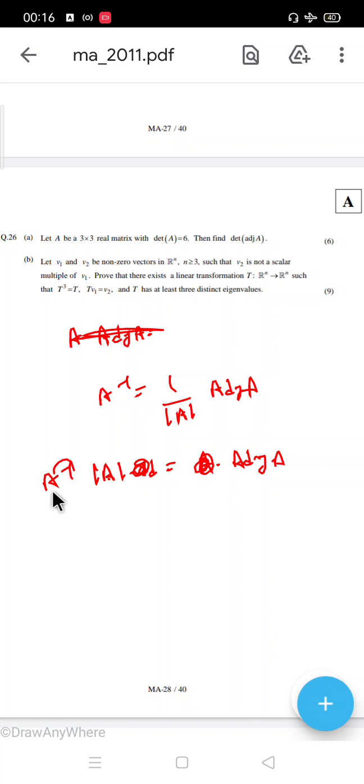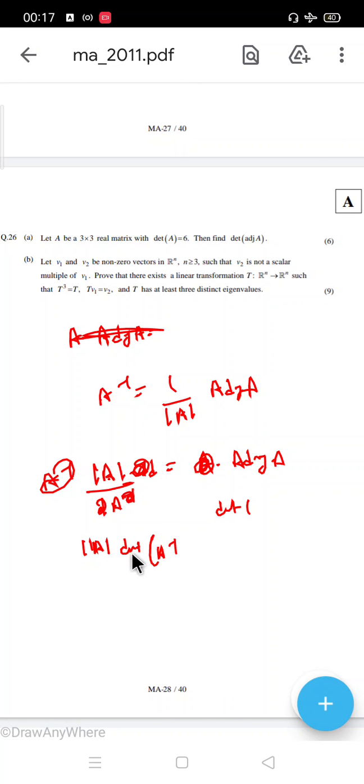So A inverse means what? 1 upon determinant of A. Sorry, let me just write A inverse here, A here. So if you want to take the determinant of this, this will be 1 upon determinant of A, and this will be determinant of A inverse.